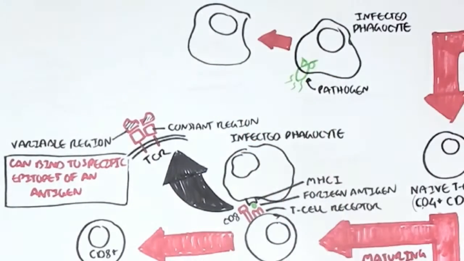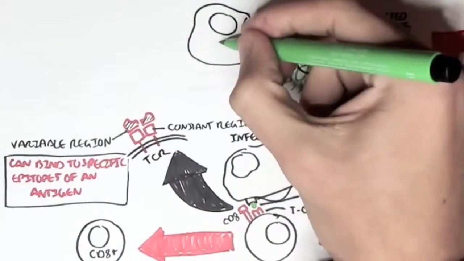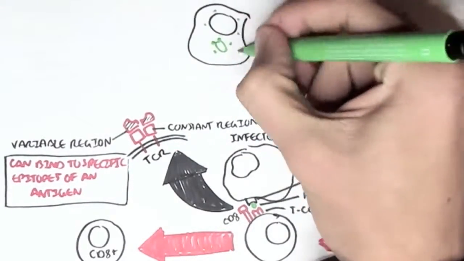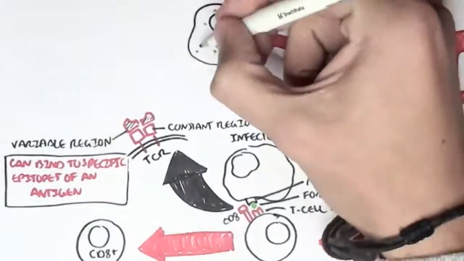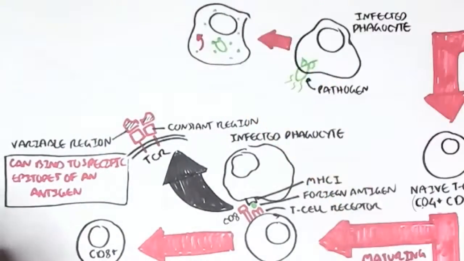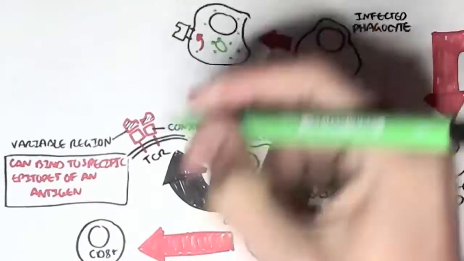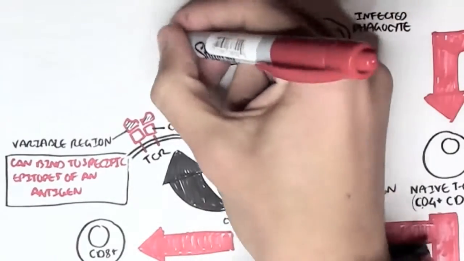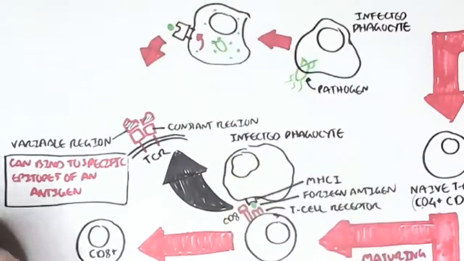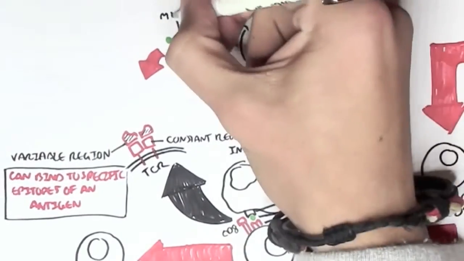However, during this time, the infected phagocyte will also process this pathogen and take its antigen, process its antigen and then present it on a major histocompatibility complex class 1 on the cell surface.